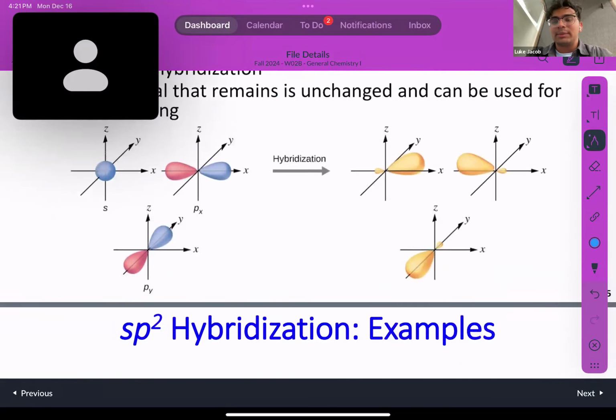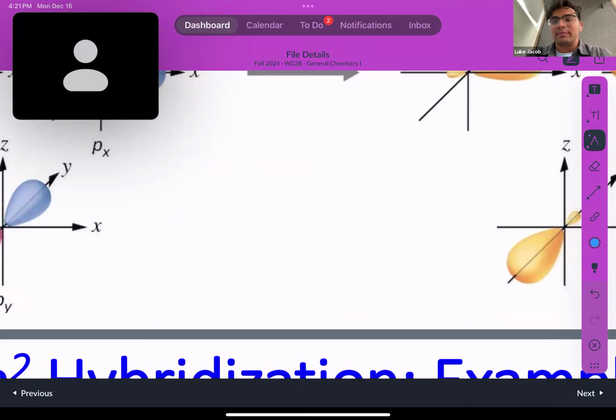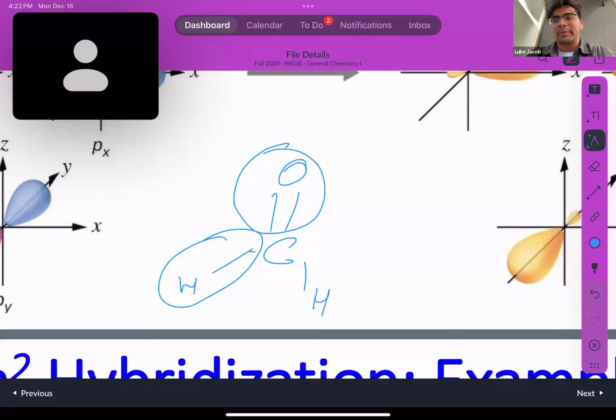Okay, so the sp2 would be something like this, something like formaldehyde. So this is sp2, right? Even though there's a double bond here, it's not about the double bonds. It's about how many things the carbon is bonded to, right?